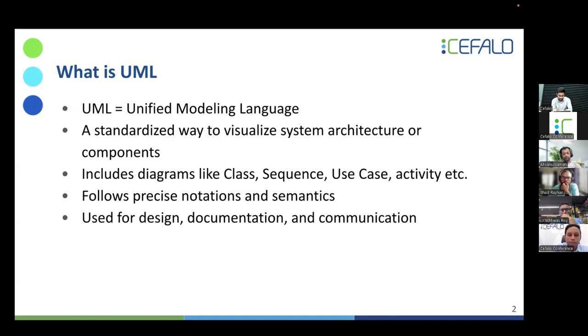So yes, they are a predefined set of rules. And what are the uses of UML? UML is basically used for designing purposes like the system architecture, robust architecture, and system components. It can be used as a part of documentation and a tool for communication. So yes, these are the very basic things of UML.